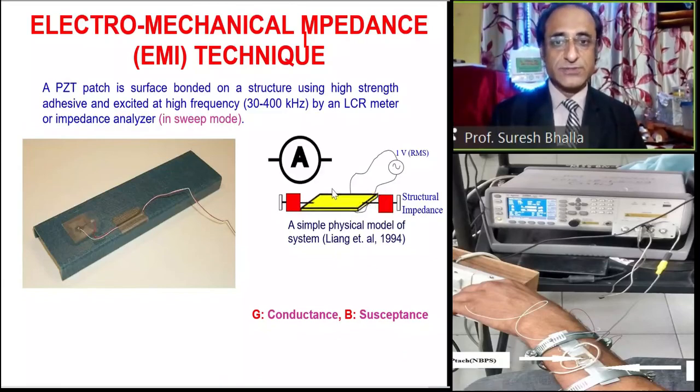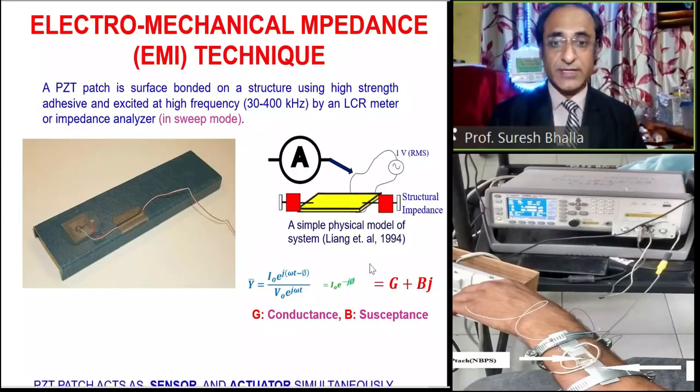In this technique, we measure the current flowing through the circuit, and since we have applied a predetermined voltage, we can obtain the admittance, which is the ratio of the current to the voltage. It is basically the inverse of the electrical impedance, and because there is a phase difference between the voltage and the current, this parameter has real and imaginary parts.